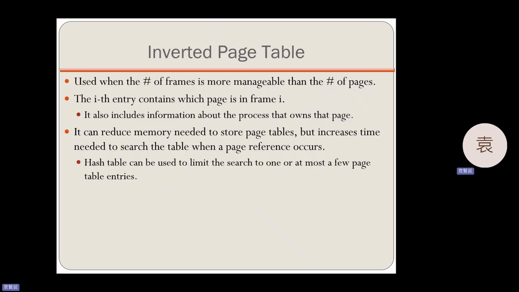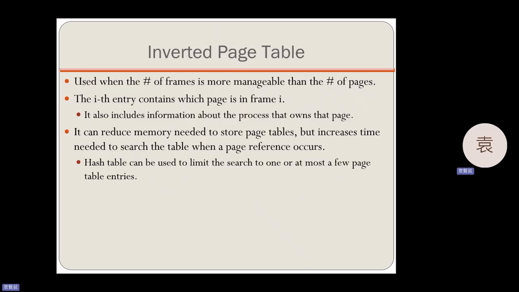The i-th entry contains which page is located in frame i. For this inverted page table, we also need to keep track of the process ID, so it usually contains at least two fields: one is the process ID, another is the page number.